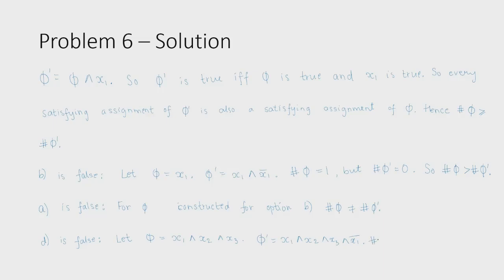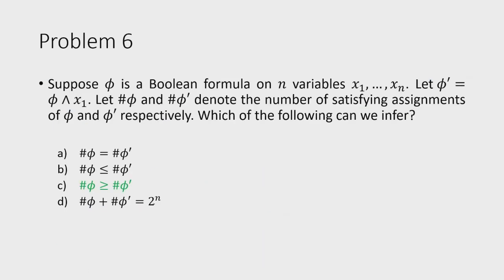So the number of satisfying assignments of phi is 1 because x1, x2, x3 all have to be 1, but the number of satisfying assignments of phi prime is 0. So the number of satisfying assignments for phi plus the number for phi prime is strictly less than 2 cube equals 8. And option D says that these two add up to 2 to the n. So this is incorrect. Oh, there's a typo over here. This should be x1 complement.